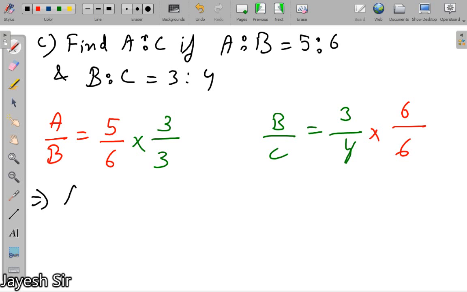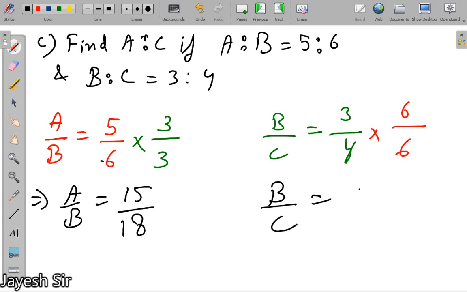So this becomes a upon b is equal to 15 upon 18, and similarly b upon c becomes 18 upon 24. Six 4s are 24, it is 24, not 12.